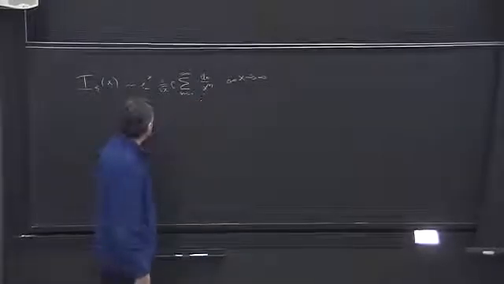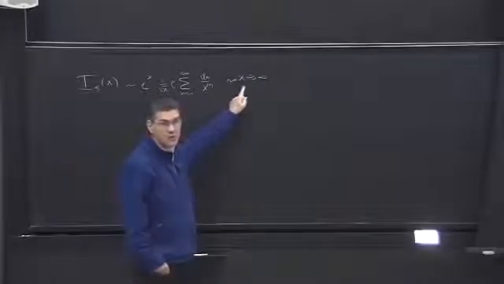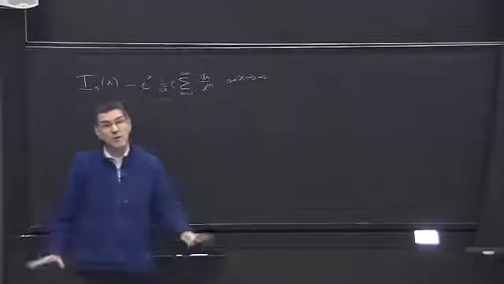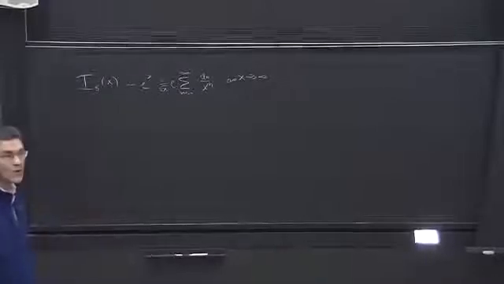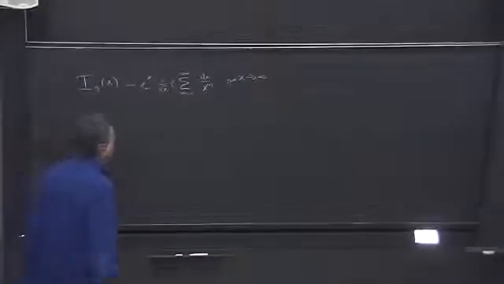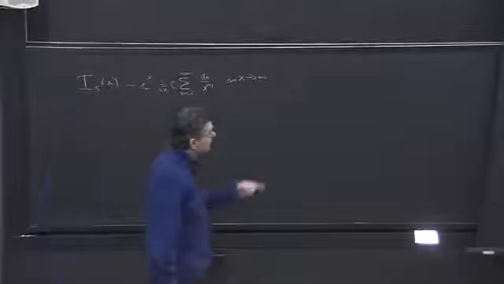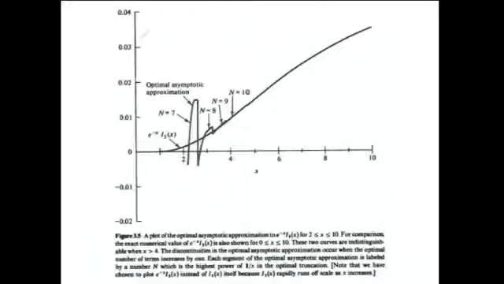Of course, this is an asymptotic approximation as x goes to infinity, so there's no problem at infinity. The question is, when does it become useful? Okay? And what I've done here is made a plot of the optimal asymptotic approximation compared with the exact answer.